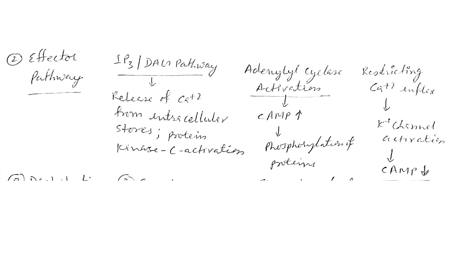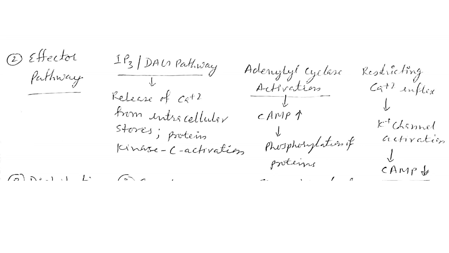Now, the effector pathway. Because they are G protein coupled receptors, how does the histamine exert its action when it binds with these receptors?